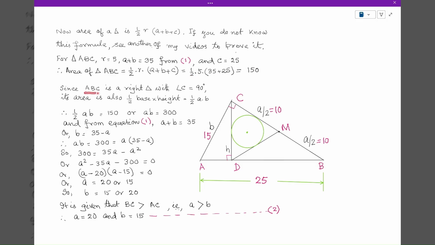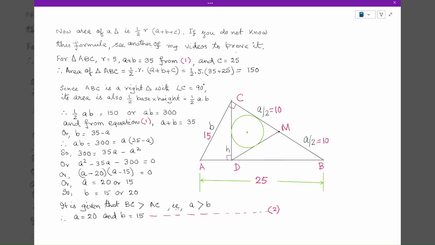Since ABC is a right triangle with angle C equal to 90 degrees, its area is also half base into height, that is equal to half a into b. a is equal to this, b is equal to this, and they are at 90 degrees to each other.